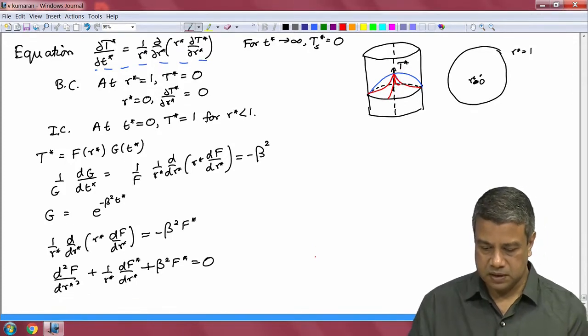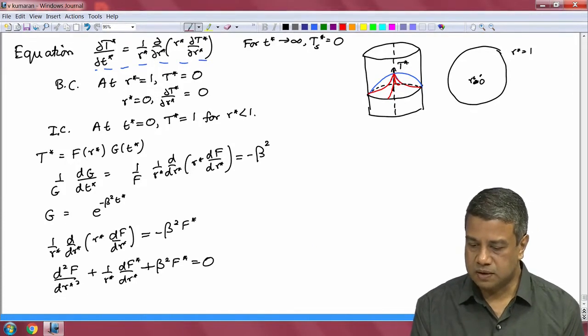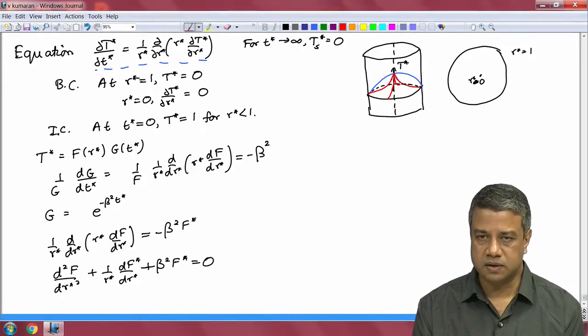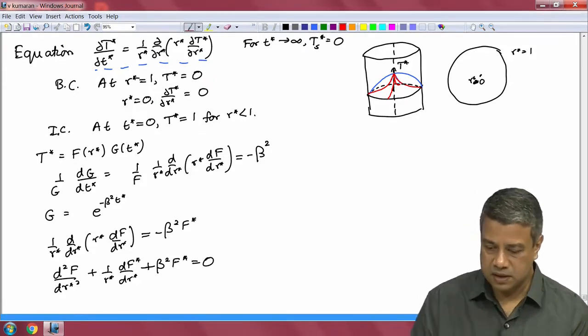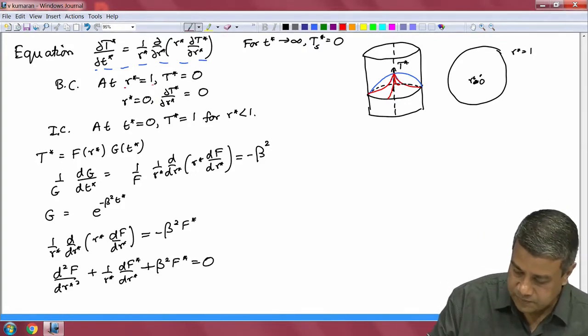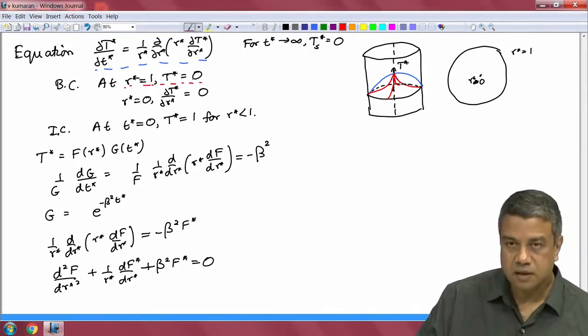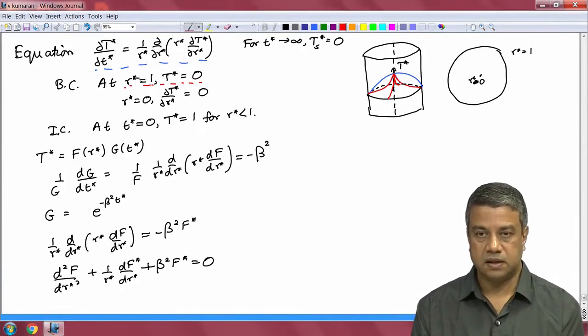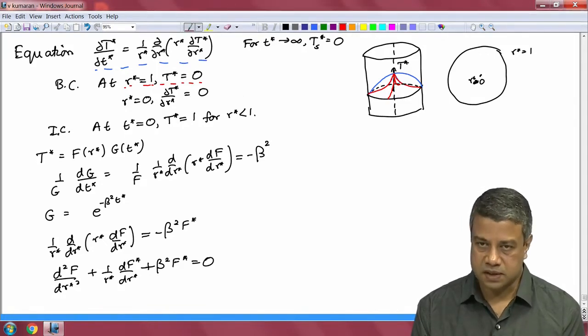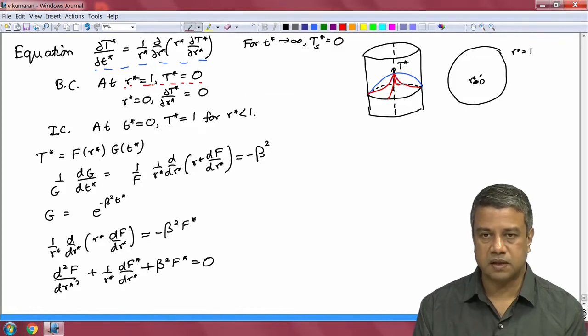So, I had shown you how to formulate boundary conditions. The original problem has only one boundary condition at r star equal to 1. The coordinate r star varies from 0 to 1. At r star equal to 1, there is a physical boundary. At r star equal to 0, there is no physical boundary; it is within the material.